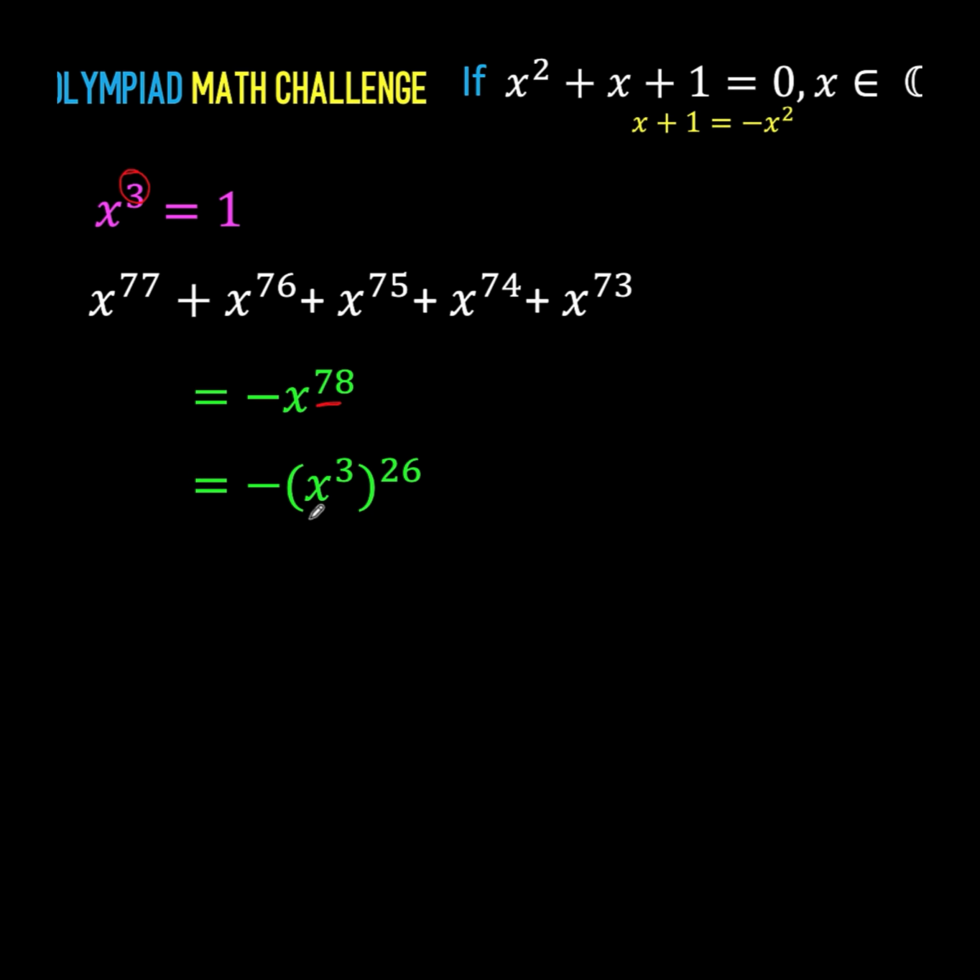But what is the value of x cubed? x cubed is equal to 1. So we can substitute 1 for x cubed to arrive at this, but 1 raised to 26 is still 1. So therefore, the value of this is simply negative 1. And that is now the value of the expression that we would like to find out.